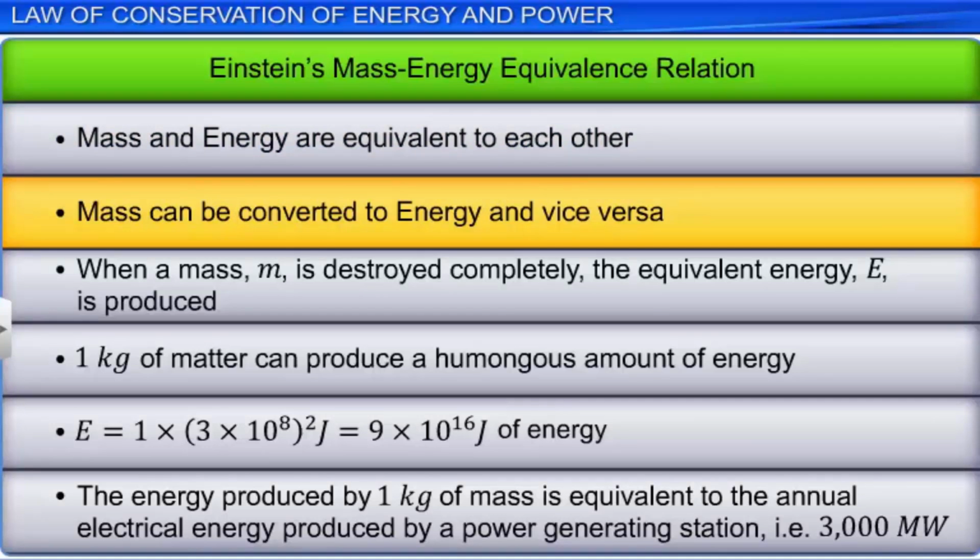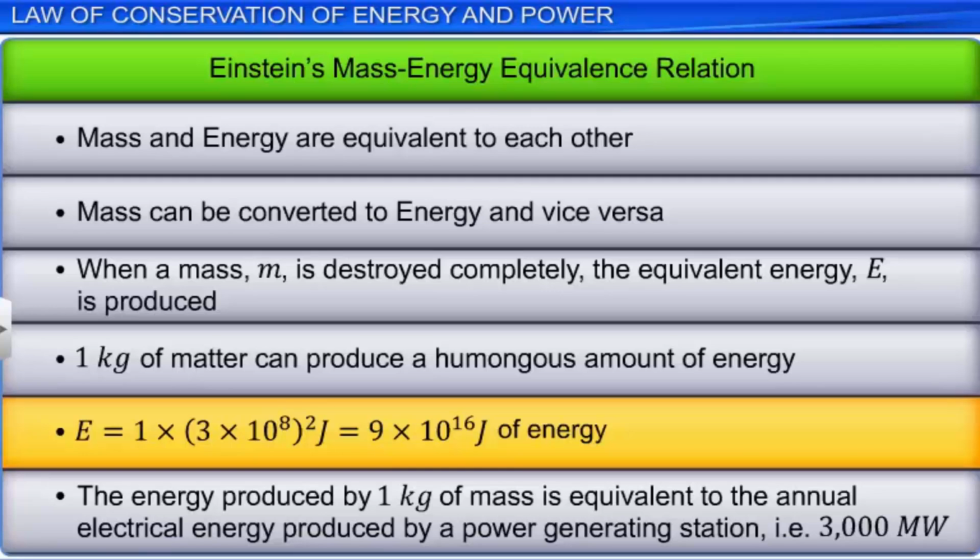When a mass m is destroyed completely, the equivalent energy E is produced. Thus, according to Einstein's mass-energy equivalence equation, 1 kilogram of matter can produce a humongous amount of energy, which is E equal to 1 × (3 × 10⁸)² joules, equal to 9 × 10¹⁶ joules of energy.